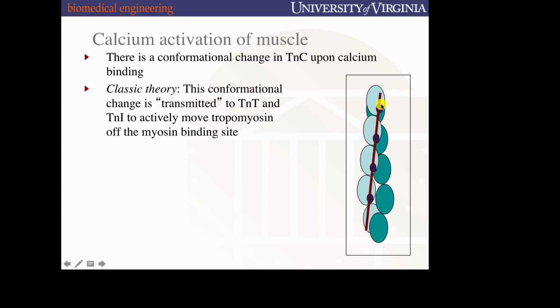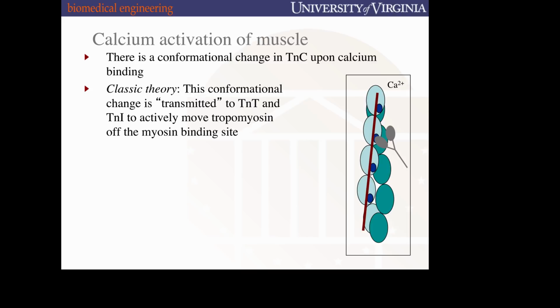Okay, so let's pretend that these little blue dots are where myosin will bind to actin. The tropomyosin and troponin complex here are blocking that site. You get calcium, and calcium causes a conformational change that actively pushes that structure off the sites, and now myosin can bind.